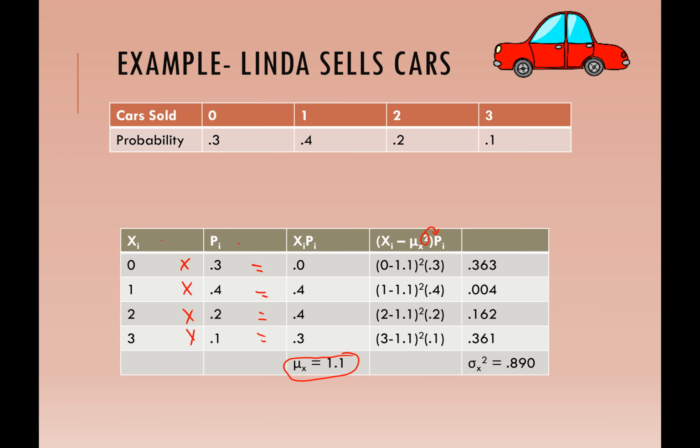So then I took the x value, 0, minus the mean, squared it, times the probability. Did that for each x value here. Then you add these, and you should have gotten 0.89. Now, if you did the standard deviation, that was 0.9434.